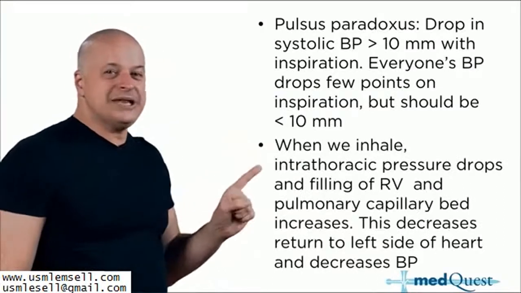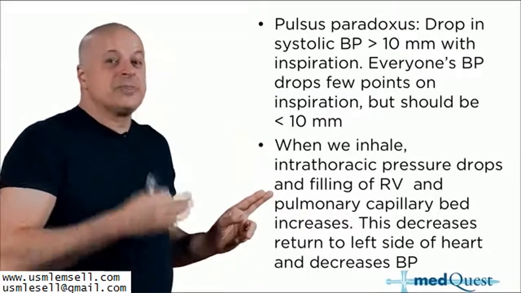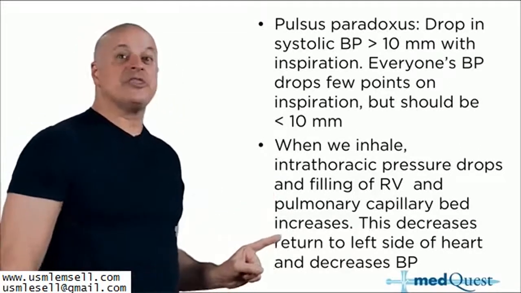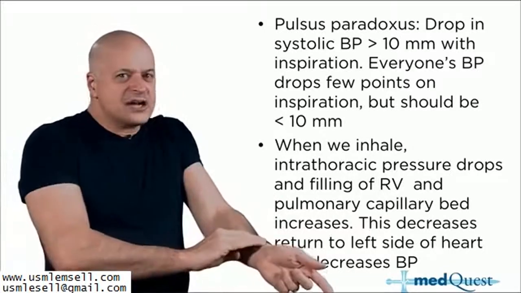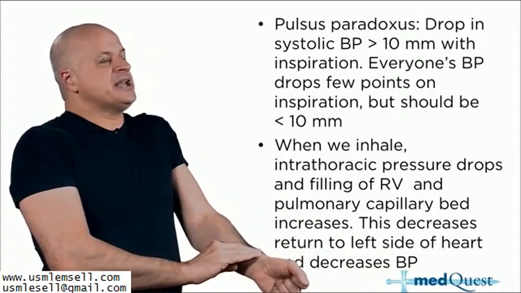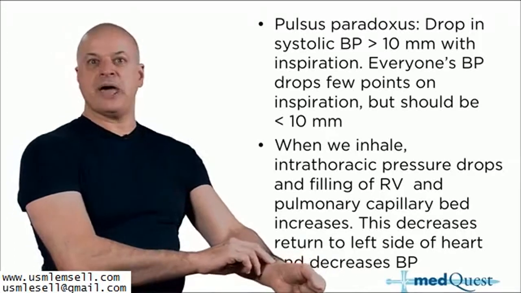When you inhale, intrathoracic pressure drops and you fill the right ventricle. The blood pressure drops so much that the pulse can actually disappear. You inhale, systolic pressure goes under 90, pulse disappears. You exhale, the pulse comes back.